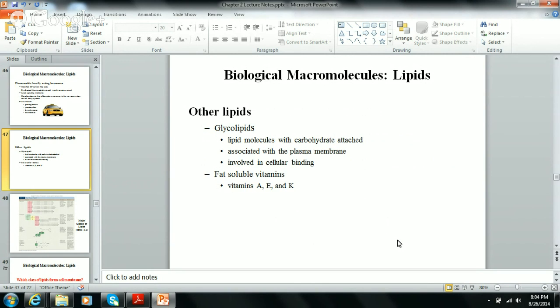You'll talk about that with glycolipids. And then, of course, your fat-soluble vitamins, vitamin A, E, and K. You recognize these, like vitamin E. Vitamin E is easy to remember as a fat-soluble vitamin due to the fact that vitamin E is usually in a capsule, and when you poke a hole in it, it has that greasy consistency to it.